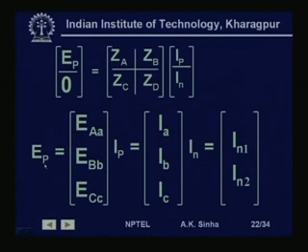As shown here, Ep is equal to Eaa, Ebb and Ecc, the 3 phase conductor voltage drops. Ip is equal to the phase currents Ia, Ib, Ic, and In is the current flowing through the 2 neutrals, In1, In2.